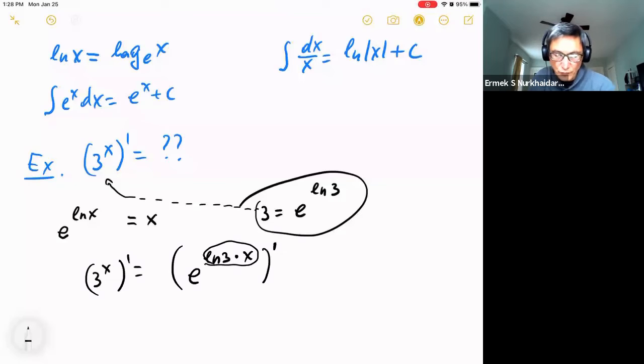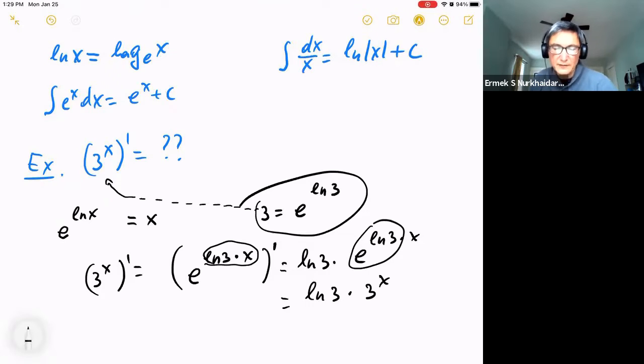The outside function is e to x, so the derivative of the inside function is ln of 3, and the derivative of the outside, e to the, is e to the. And then you recall that e to the ln of 3 is just 3, so we're going to get ln of 3 times 3 to x.